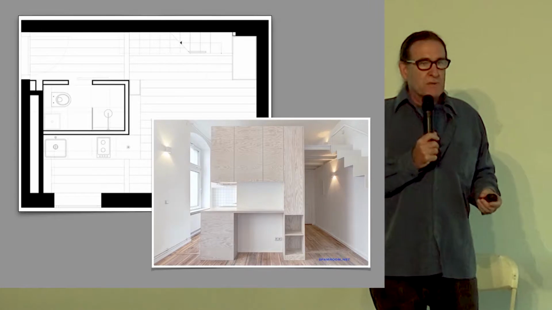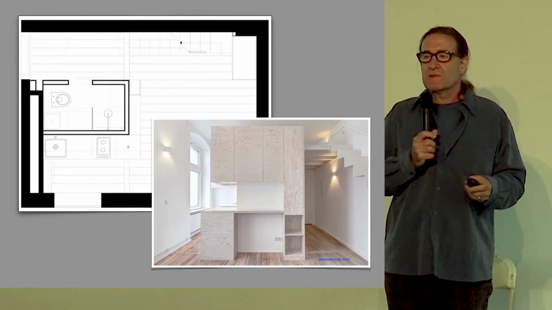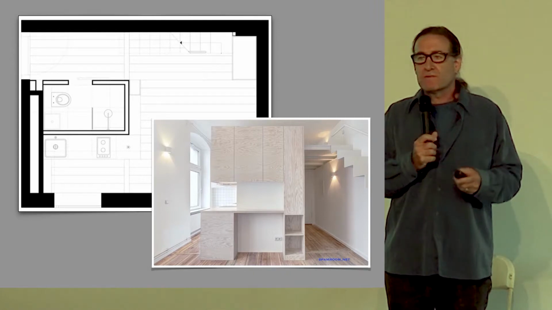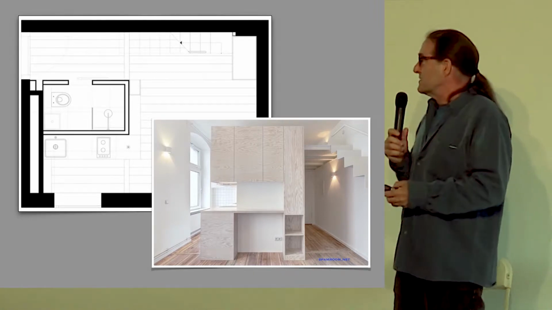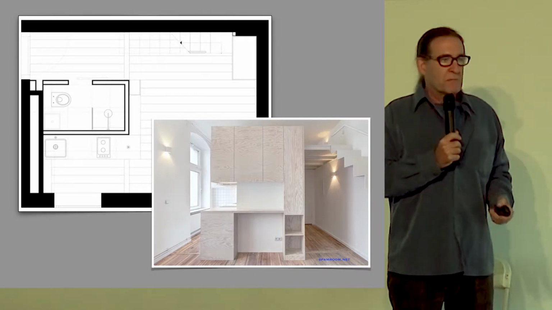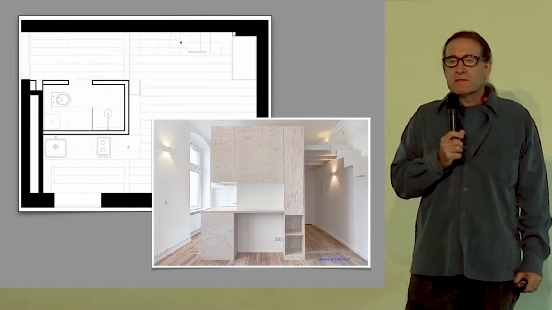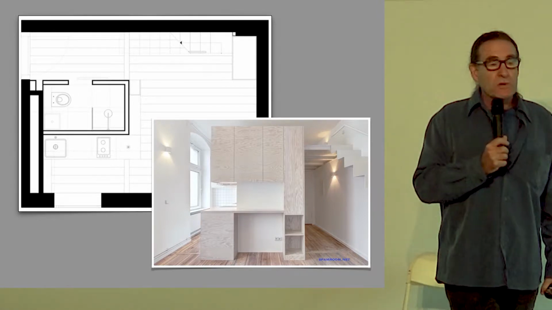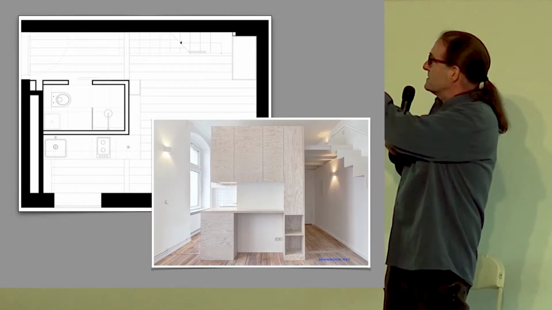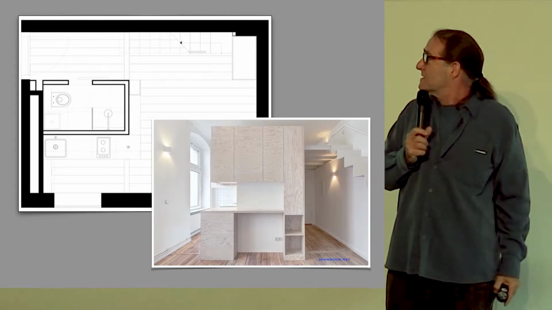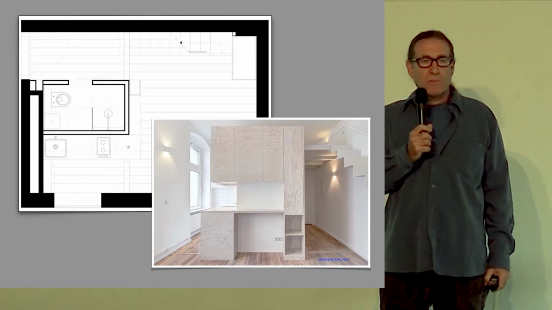A couple of examples of taking a plan that's gone through design development and research and showing you the end product. This happens to be a micro apartment, just a little over 200 square feet, that's in Berlin. You can just barely see in the upper left corner the entry door into this micro apartment.